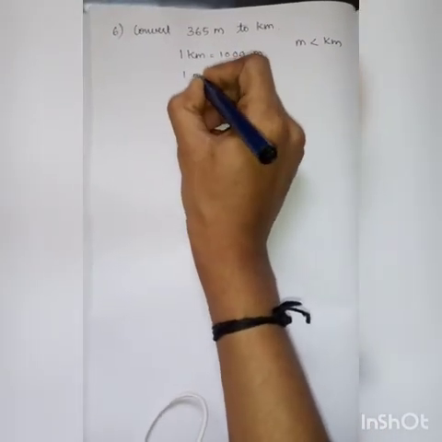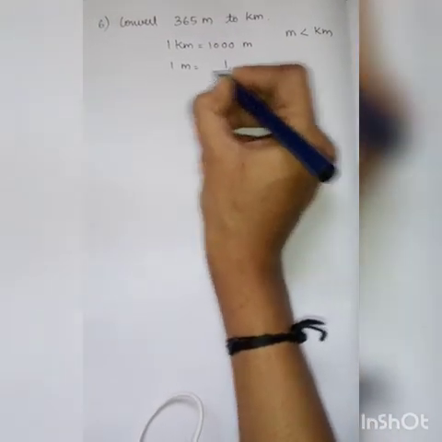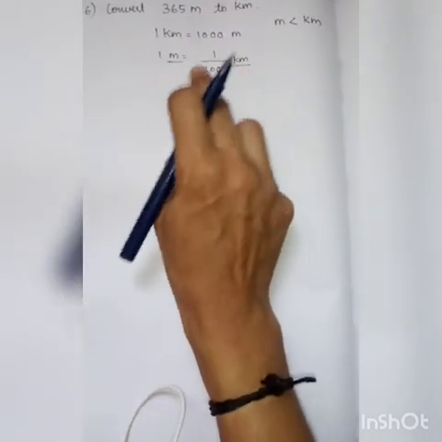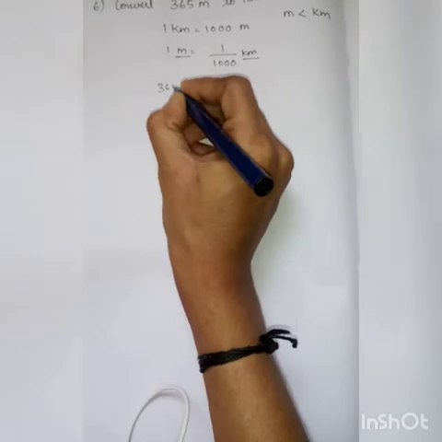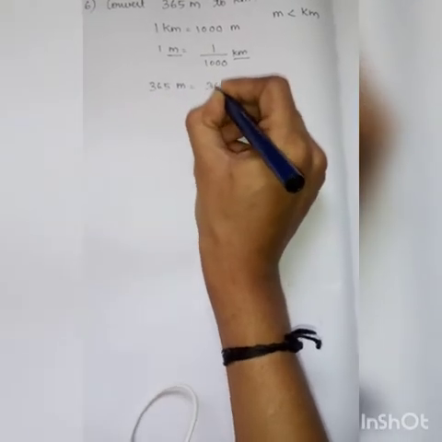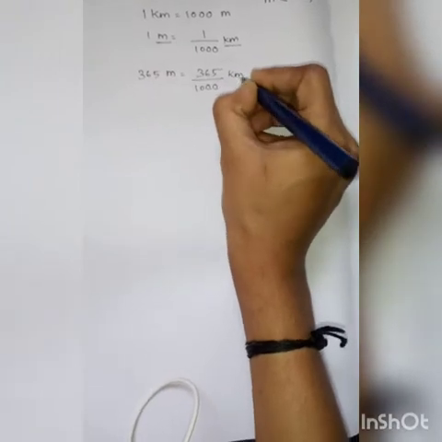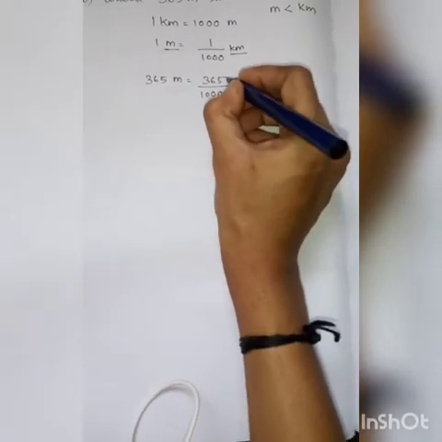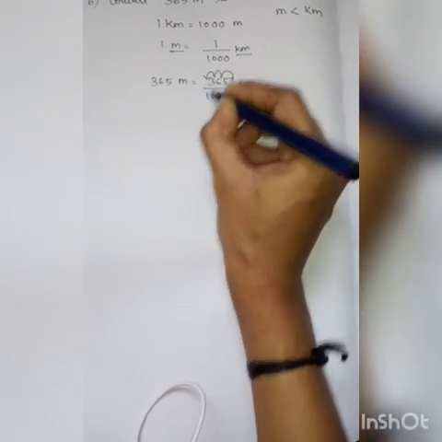So 1 meter is equal to 1 by 1000 kilometer, so you are going to divide by 1000. What is the question now? 365 meter. So 365 by 1000 kilometer, right? How many zeros are there? 1, 2, 3. So 3 digits you are going to shift.